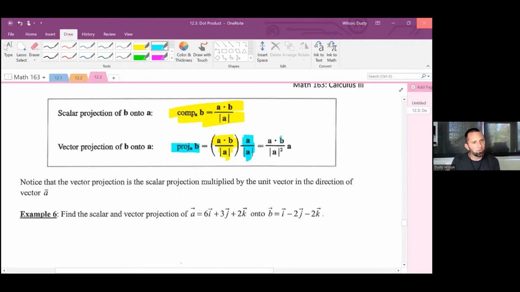The projection of B along A or onto A is A dot B over the magnitude of A squared times vector A.